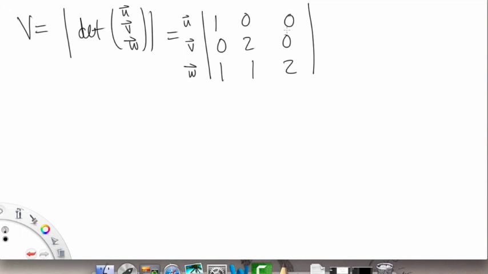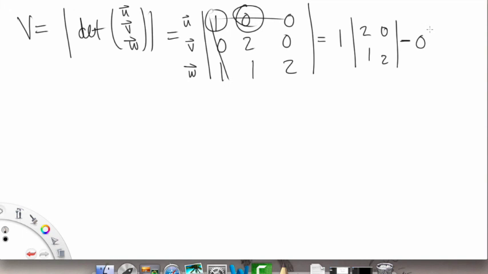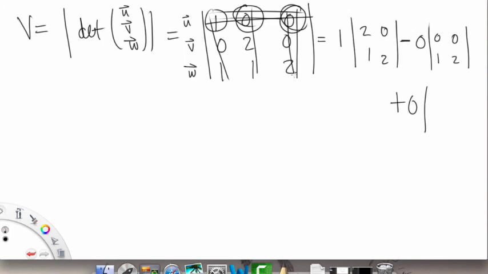Now let's compute this. If we circle the top one, we have 1 times the minor 2, 1, 0, 2. Then minus 0 times 0, 1, 0, 2. And our last circle is a 0, and we cross off everything in line with it, leaving the bottom box, 0, 1, 2, 1.